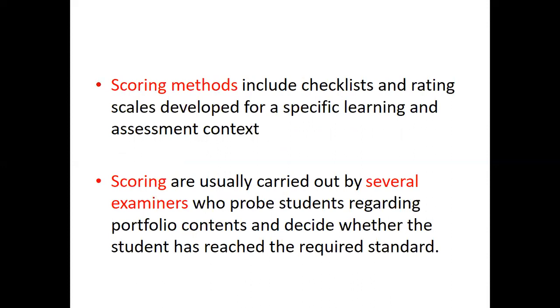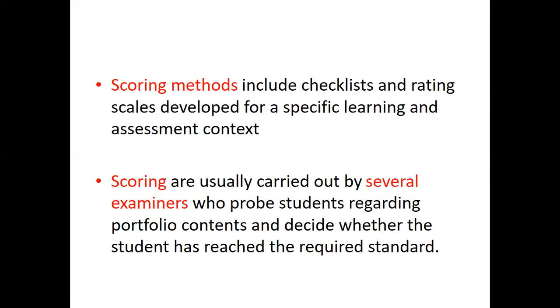The scoring methods of these portfolios include a checklist and rating scale, like we discussed previously. These checklists and rating scales are developed for a specific learning and assessment context. Scoring is usually carried out by several examiners. What is the purpose of having several examiners?